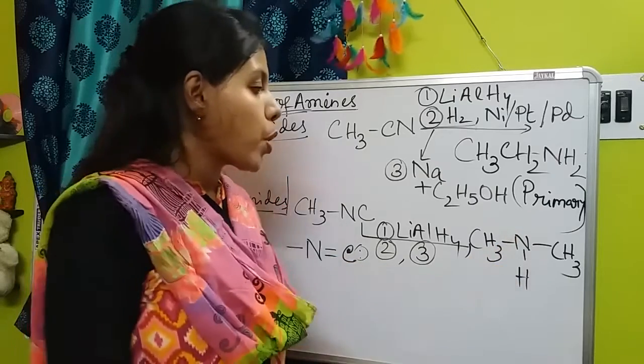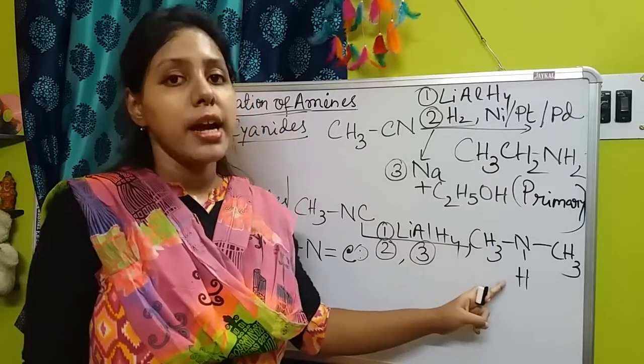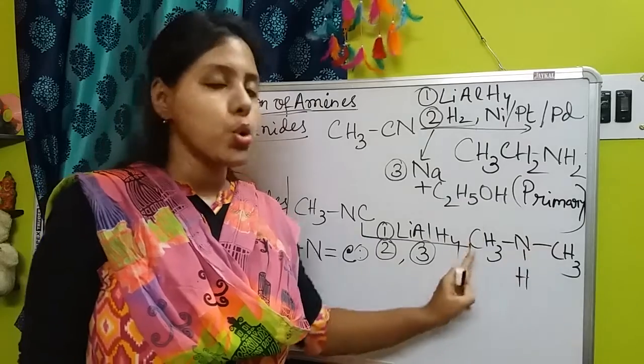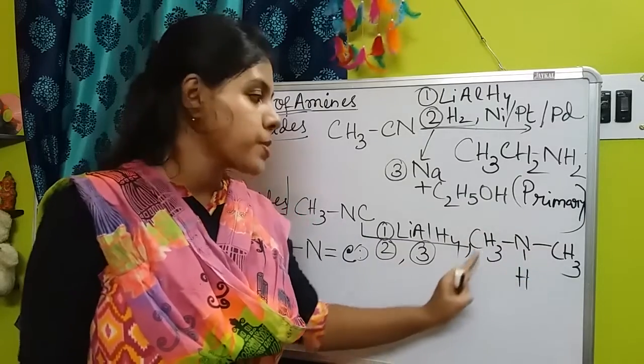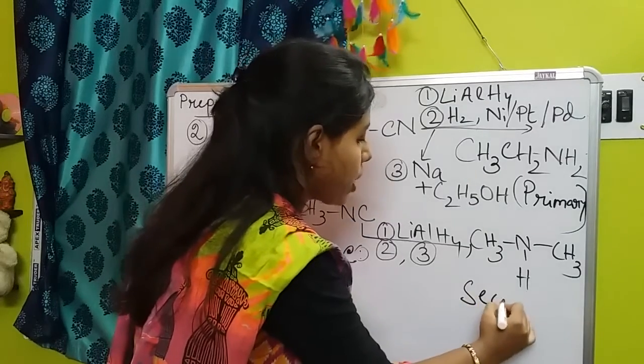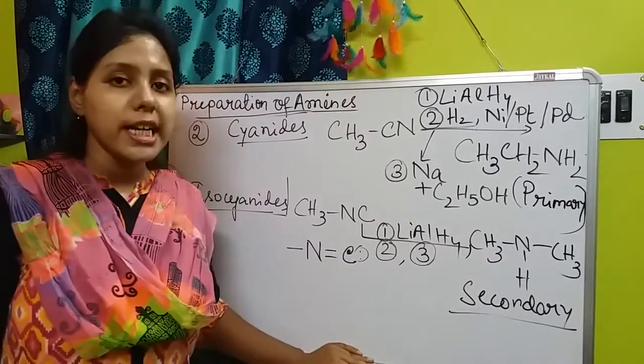So we are now producing one amine which is secondary in nature. Just see here, this nitrogen is attached to 2 alkyl groups, 2 methyl groups on both sides. Therefore, it is a perfect example of a secondary amine. So what can we conclude here?